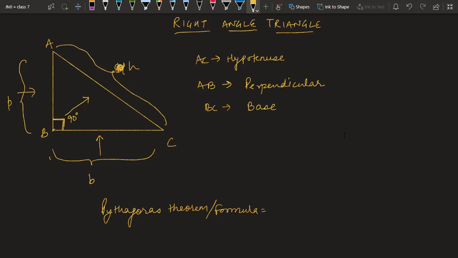Pythagoras gave a formula to find the length of hypotenuse or base or perpendicular, and according to him, the square of hypotenuse is equal to the sum of the squares of base plus perpendicular.